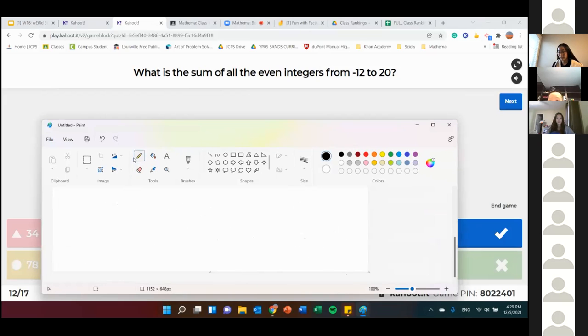Okay, so what is the sum of all the even integers from -12 to 20? So I'm just gonna see what happens. So there's -12, -10, -8, and then blah blah blah. And then there's 0. Then there's 2, 4, and so on, all the way to 20.